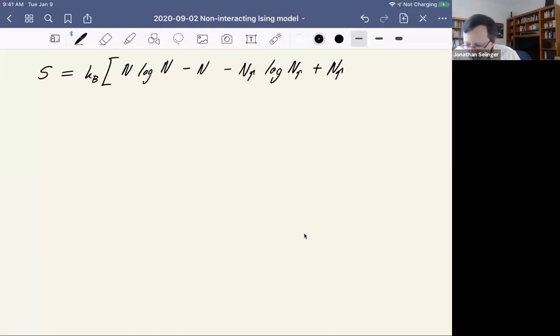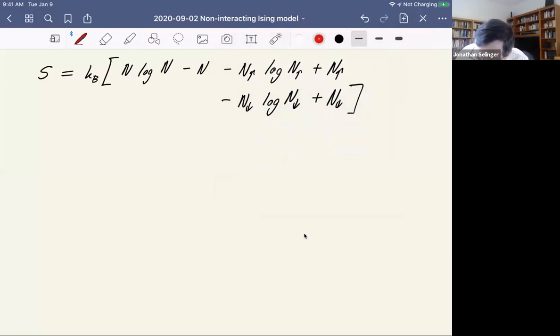And then I have to subtract off the log of n down factorial. So it's n down log n down plus n down.